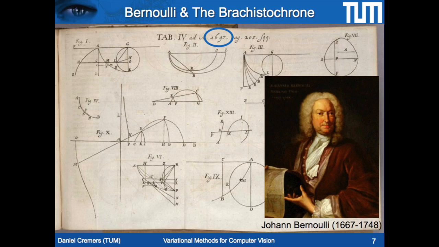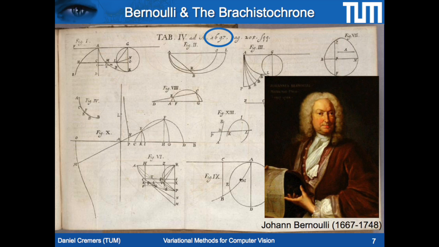This is a problem that was first solved by a mathematician by the name of Johann Bernoulli. If you know your history, you will know there's a whole dynasty of Bernoullis, Swiss mathematicians. I believe Johann is probably the most famous of them all. And this is his solution. I think there are 2 things to note about this solution.